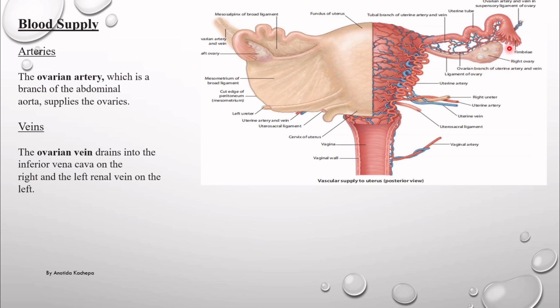Also the ovary has very close relations with the external iliac artery, so it will get some branches from there. We call them ovarian branches from the external iliac artery. Then the venous drainage is from the ovarian vein. On the left, the ovarian vein will drain into the left renal vein, and on the right, the ovarian vein will drain into the inferior vena cava.